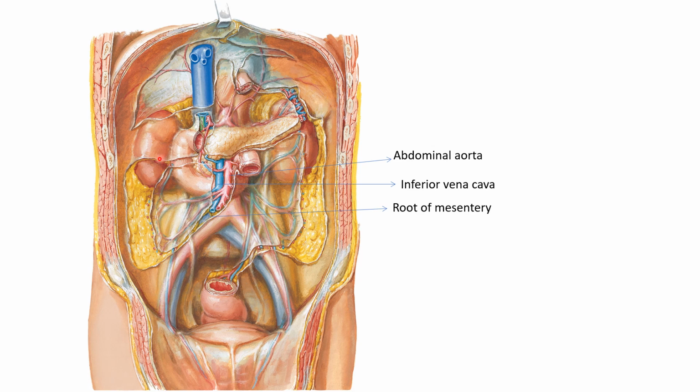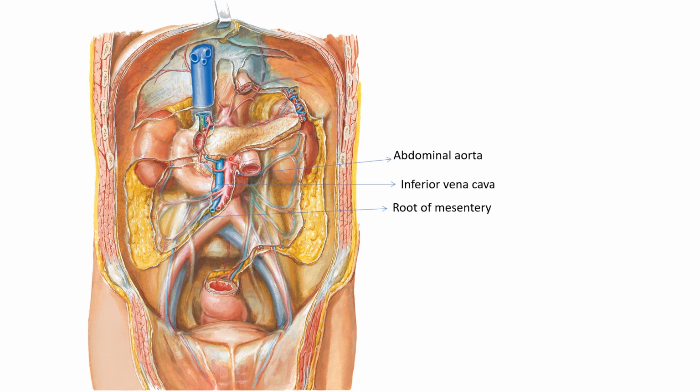They are reaching the anterior surface of the right kidney, the anterior surface of the second part of the duodenum, the anterior surface of the head of the pancreas, and the anterior surface of the body of the pancreas, strictly speaking, the antero-inferior surface. We can also call it the inferior border of the pancreas.